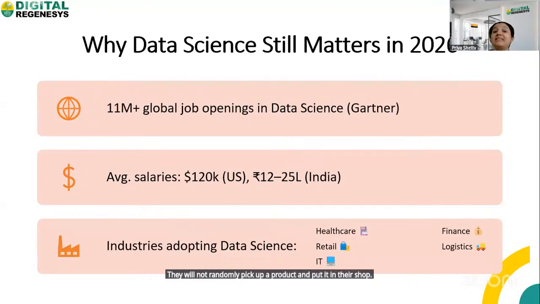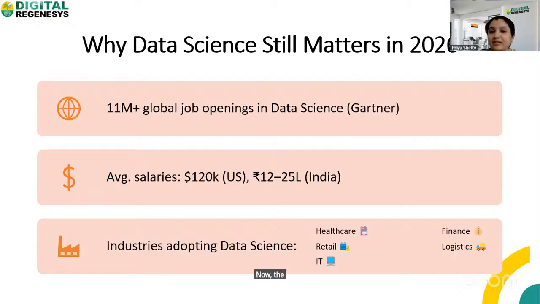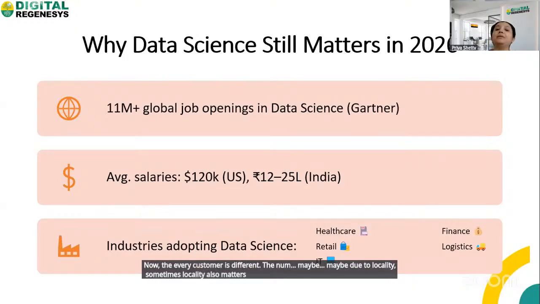What they do is try to understand the customers that visit their shop. Every customer is different, maybe due to locality. Sometimes locality also matters: what kind of people are visiting your shop, and what kind of environment is around the shop? Accordingly, that particular product gets sold, right?